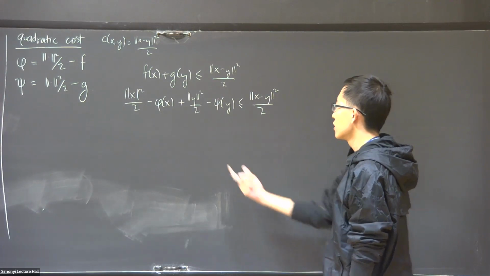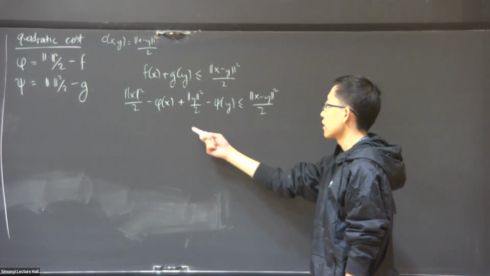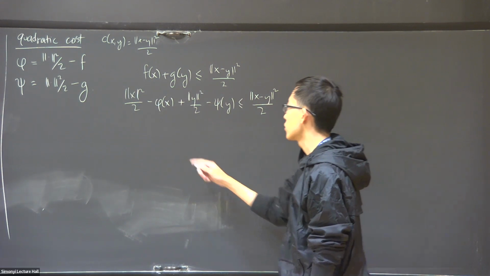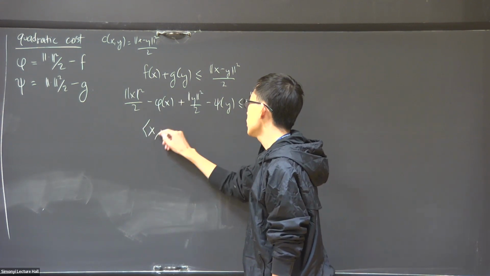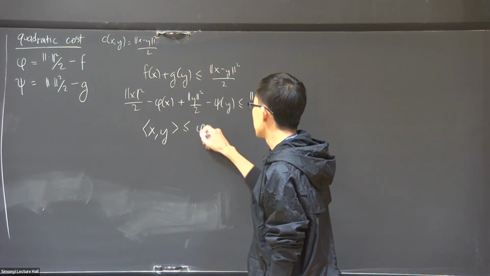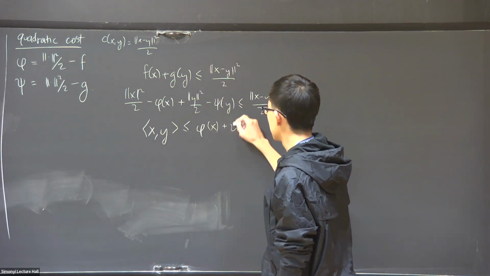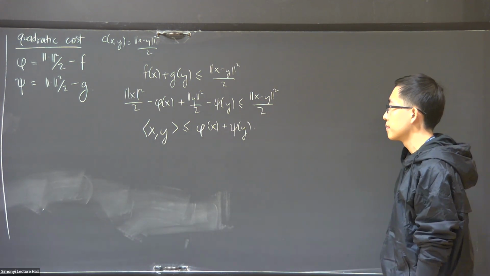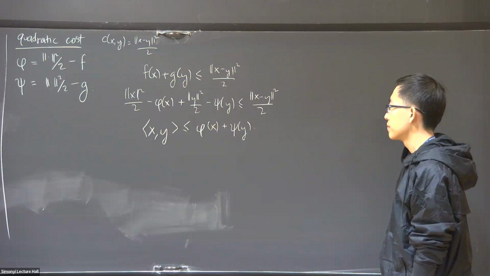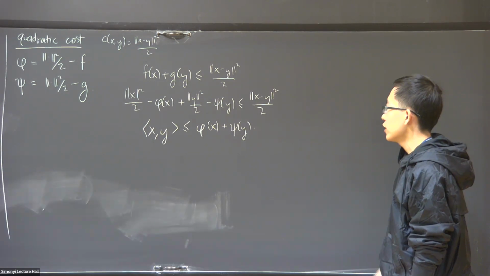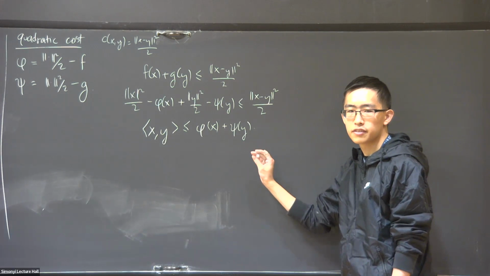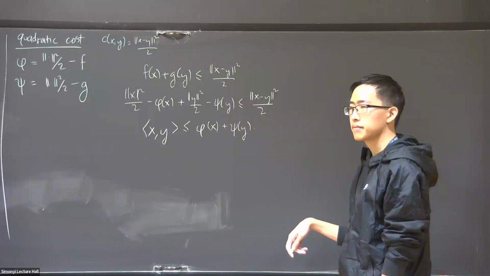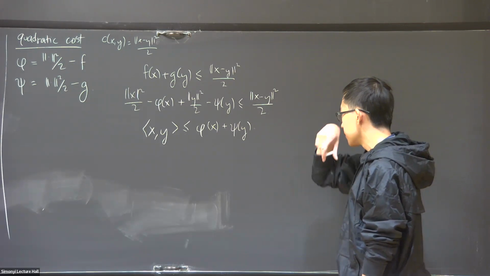And now I can subtract off the x squared over 2 and y squared over 2, and I'll just get an inner product term. I'm going to rearrange this whole inequality, and you'll see it's equivalent to this constraint. It's linear in phi and psi separately, but x and y here are kept.